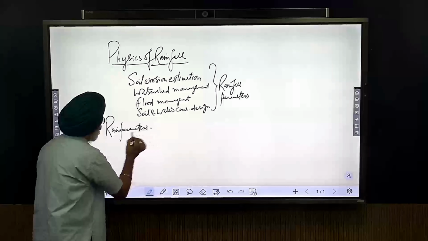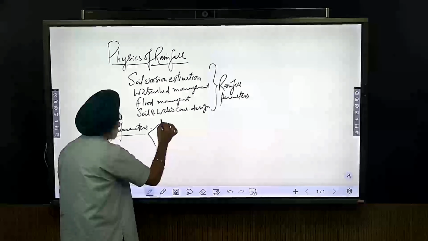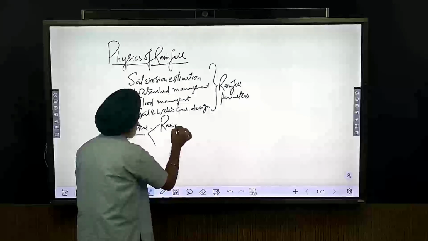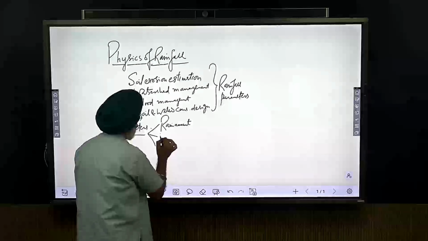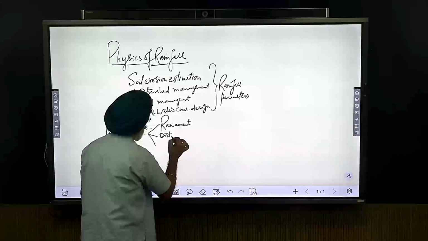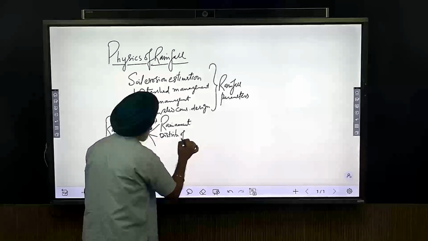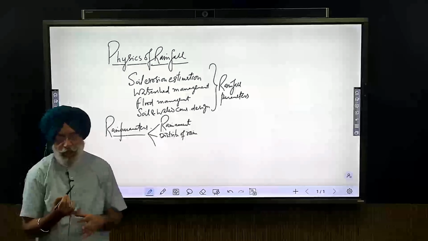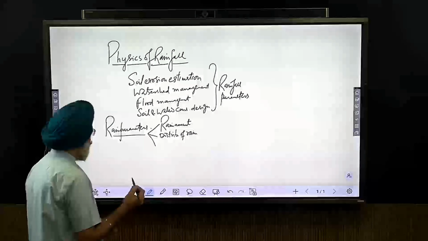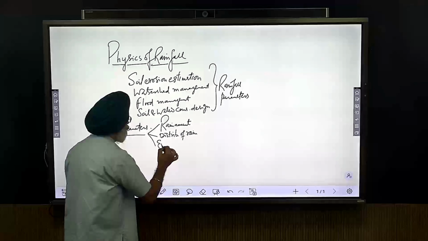Similarly, these rain parameters are rain amount, the most important one, then distribution of rain. What is the amount of rain, how it is distributed, and at the same time its energy load.